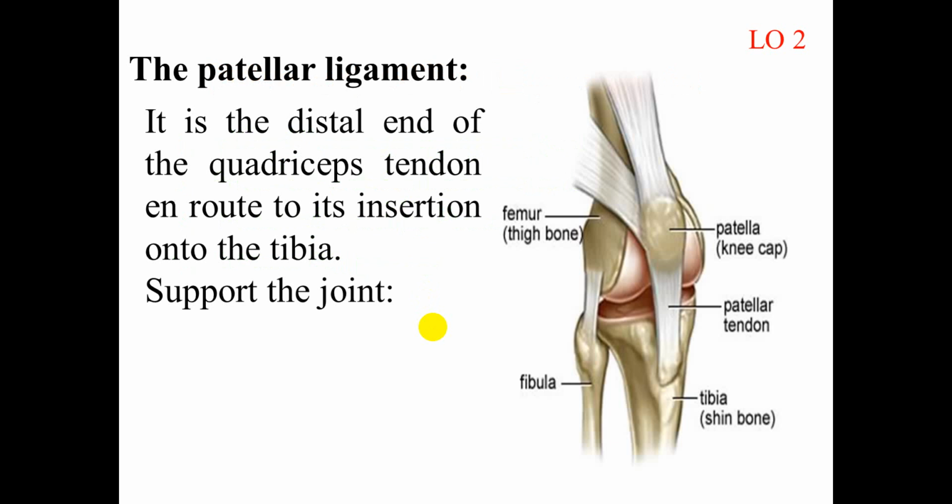The first extracapsular ligament is the patellar ligament, which is actually the distal end of the quadriceps tendon, and it is inserted into the tibial tuberosity, and it supports the knee joint anteriorly. It is a strong ligament.